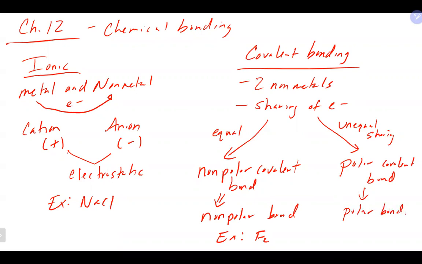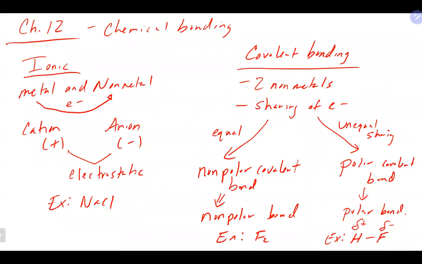You could do something like HF. The difference between them is that because the electrons are not being shared equally between the two atoms in that bond, we create partial charges. So here, the fluorine would be partially negative, and the hydrogen would be partially positive.